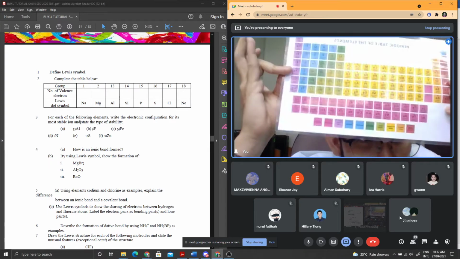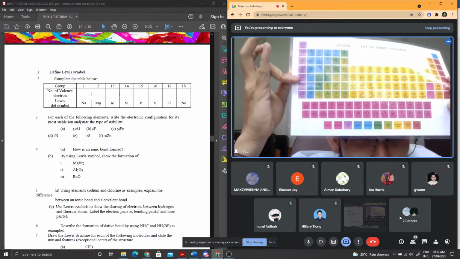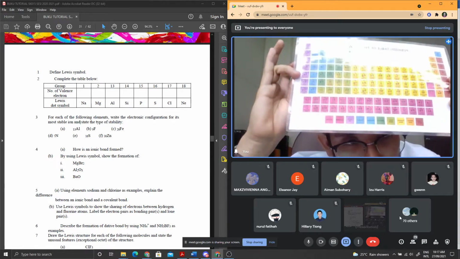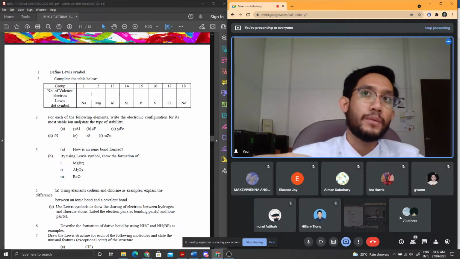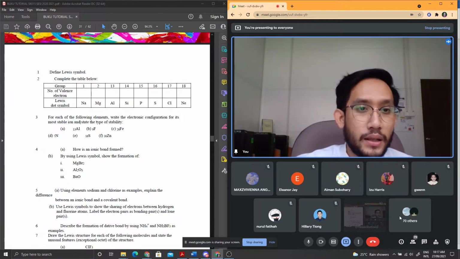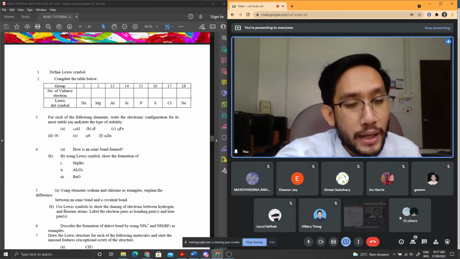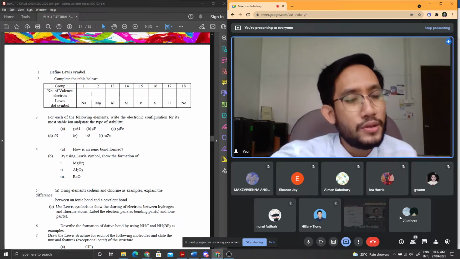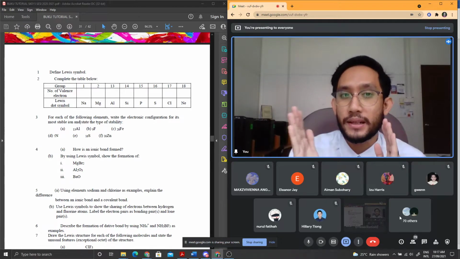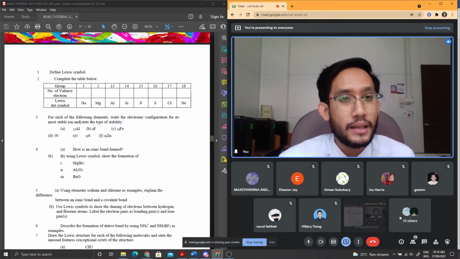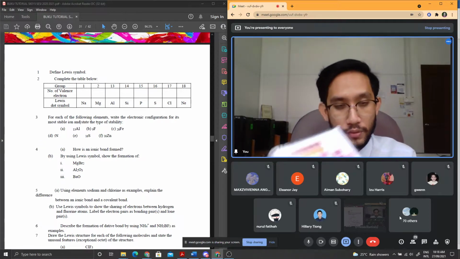Even though the electronegativity difference is less than 1.7, because some books say 1.7 for ionic and some books say 1.8, it's not really a fixed number that you can decide on. It is usually easier to look at the periodic table.